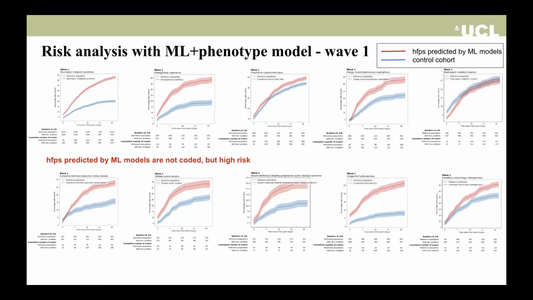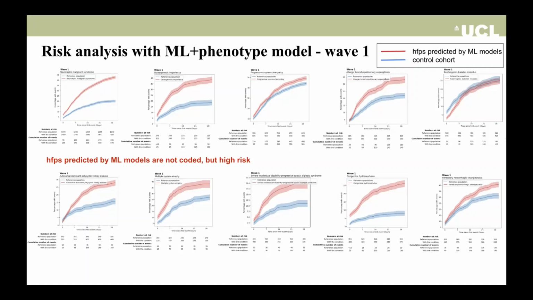Very similar to the results from Honghan, this is a control cohort versus false positives with high probability predicted by the machine learning algorithms. The red line means that this kind of patient is not coded, but the model thinks they are at high risk like the case cohort. And the blue line means the model thinks this kind of patient is not at high risk in general.